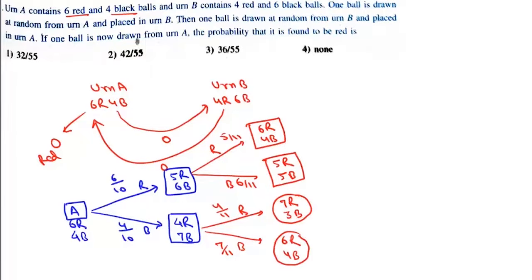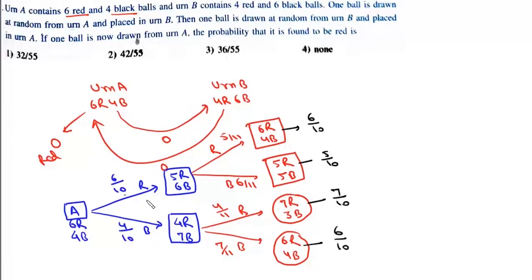Now from this, we need to find the probability that the ball drawn is red. Now here the ball drawn is red with the probability 6 by 10. Here it is 5 by 10. Here it is 7 by 10. And here it is 6 by 10.